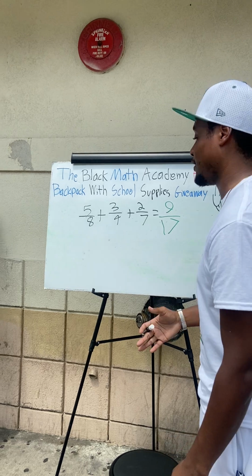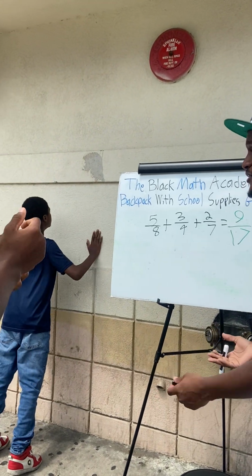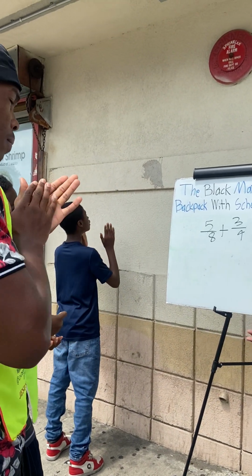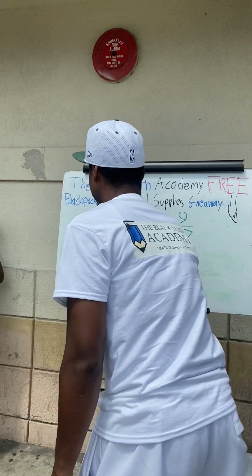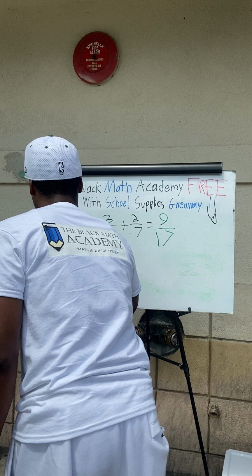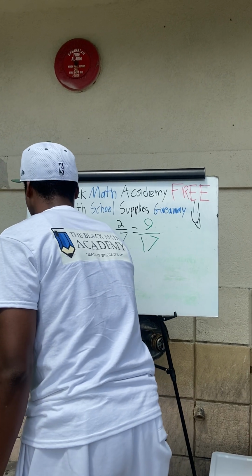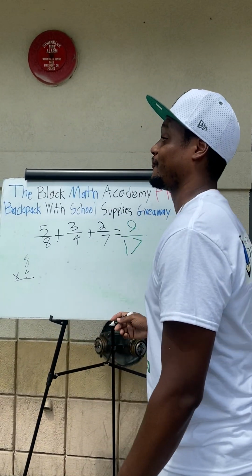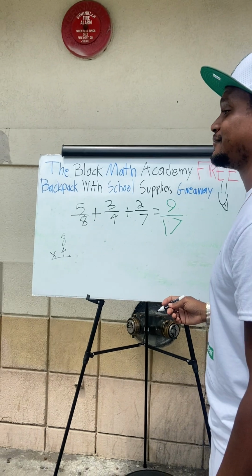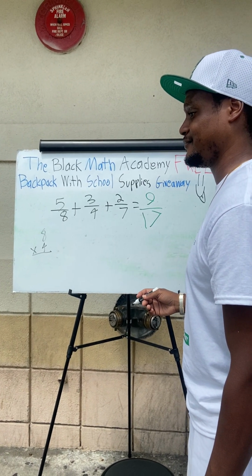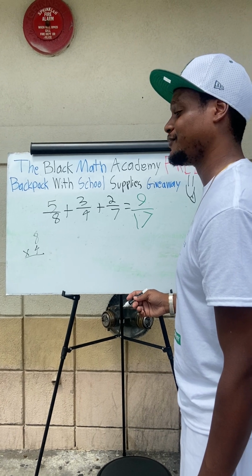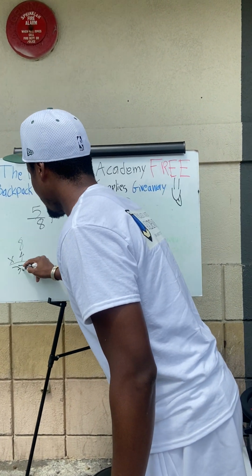Okay, so why don't you do that here? Multiply 8 times 4. Close. 32. All right. You still have to multiply by 7.